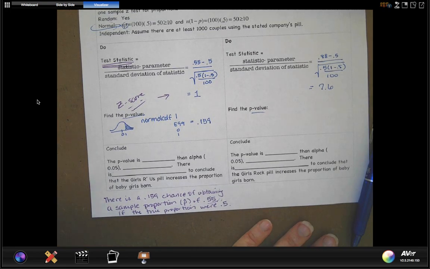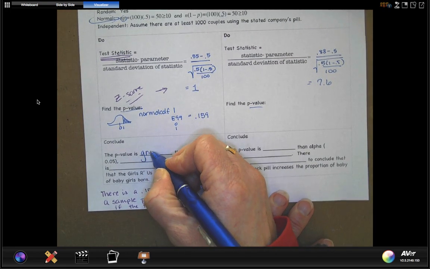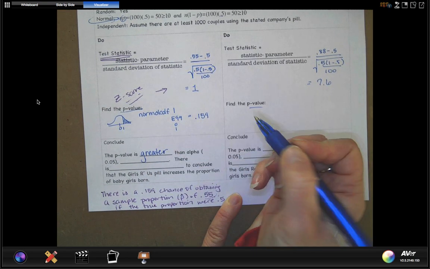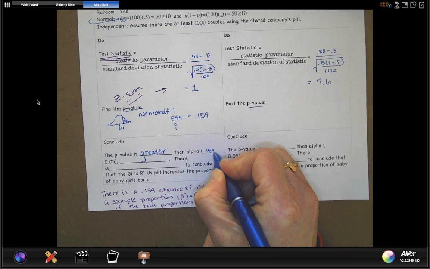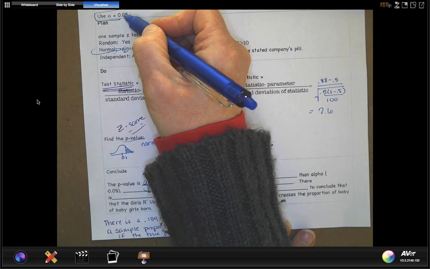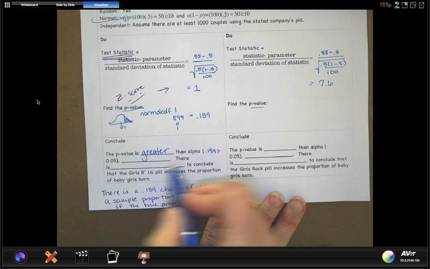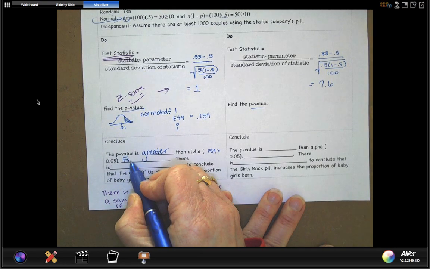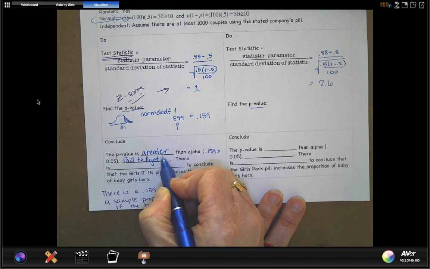So since it's so likely, I'll say in this conclusion step, and again, we'll go over this in more detail in the notes, the p-value is greater than alpha. Sometimes I compare the numbers, so 0.159, and alpha, again, that's the significance level, it'll also be in the notes, is 0.05. So if it's greater, I fail to reject H0.